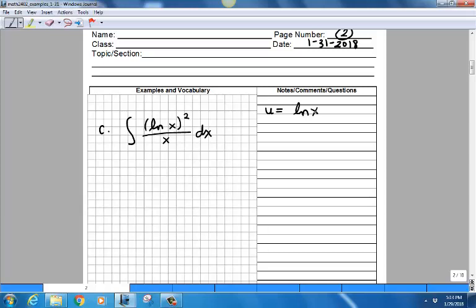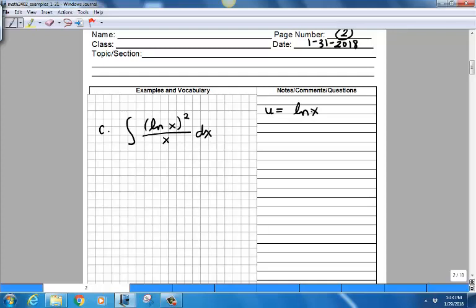Sometimes there are some guidelines that we'll be able to use to help us decide what we're going to substitute U for. In this example, just because we have natural log squared, that's just sort of suggestive to me that it might be beneficial to let U be equal to natural log of x.